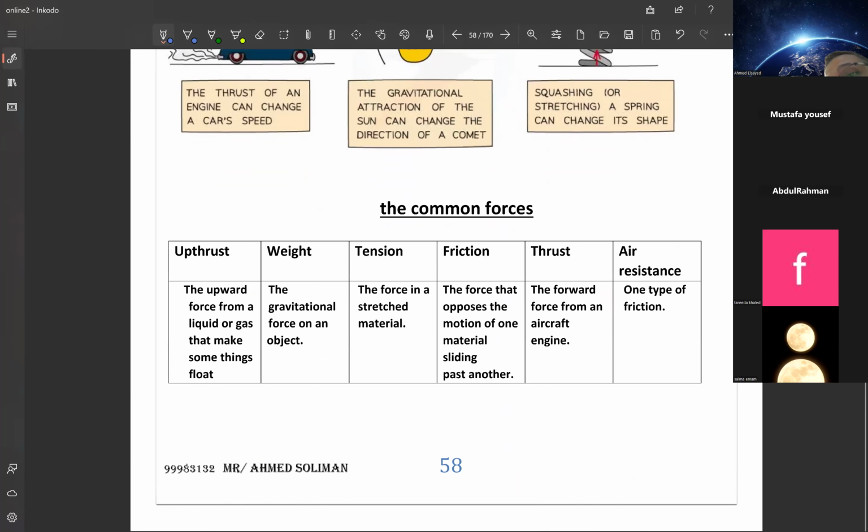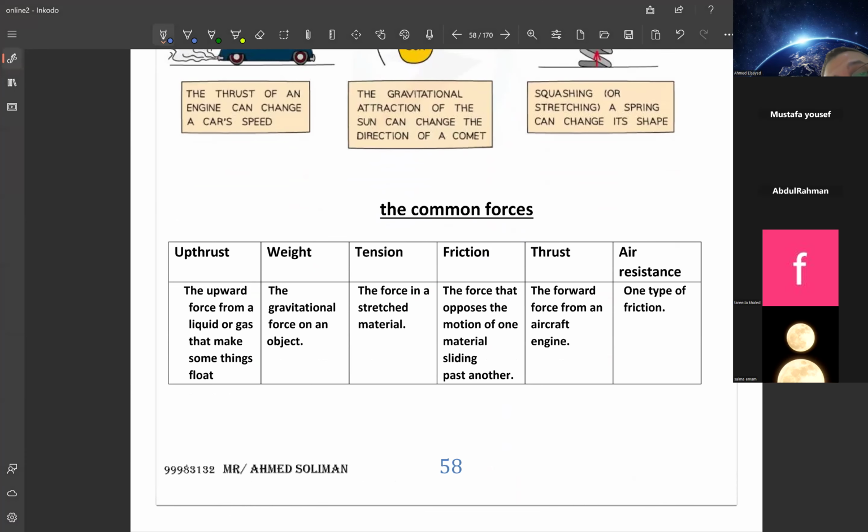Now, we have some examples of forces. We have upthrust, weight, tension, friction, thrust, and air resistance. Upthrust is the upward force from the liquid or gas that makes something float. So this is upthrust force, and the direction is always upward. Weight is the force of gravity and it's always towards the center of the earth.